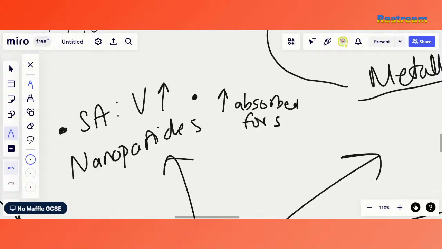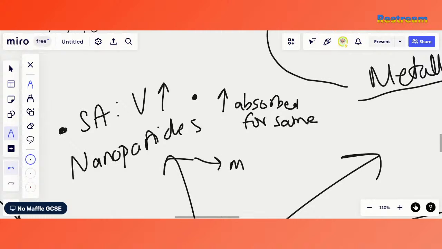So the more can be absorbed for the same volume. And that's why humans have to have all of these adaptations, such as alveoli in the lungs, because of the fact that we have a low surface area to volume ratio, so we need to create added surface area. So because of the high surface area to volume ratio, nanoparticles are really useful.